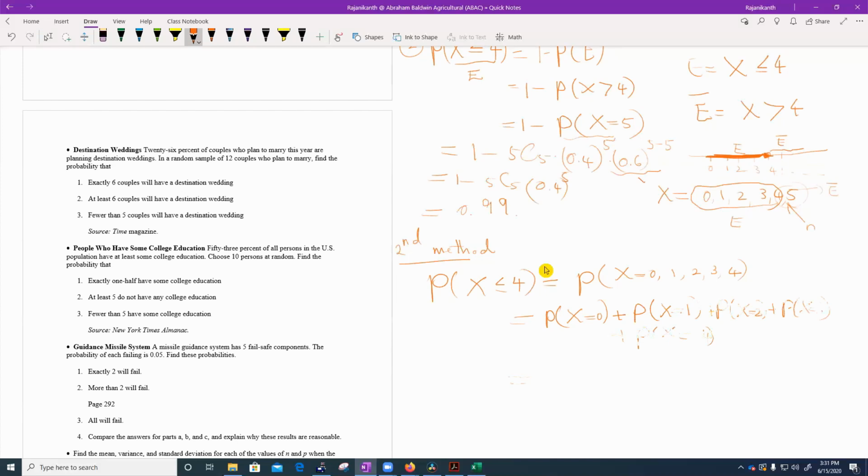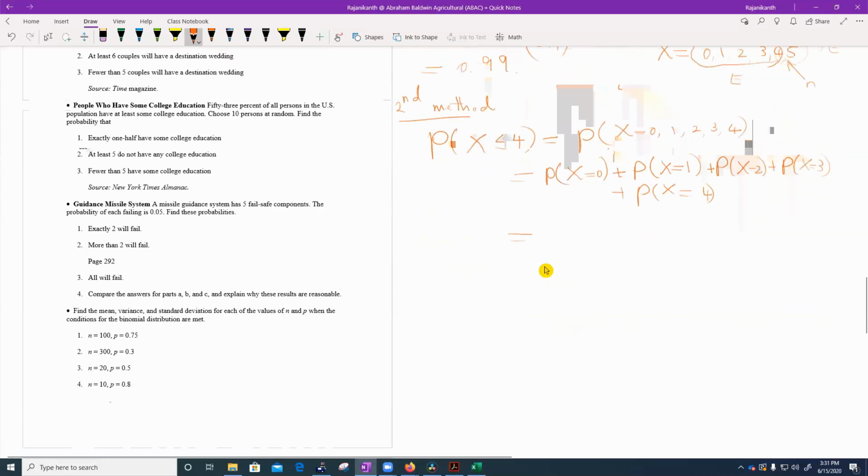If you don't want to do that, you could do the problem directly, but now you need to use the P(x) formula 5 times. First time plug in x as 0, second time x is 1, x is 2, x is 3, and x is 4. So you now have a big expression here. P(x=0) is simply plugging in x=0. That means 5 choose 0, n is 5, p is 0.4 to the power 0 times 0.6 to the power of 5 minus 0.